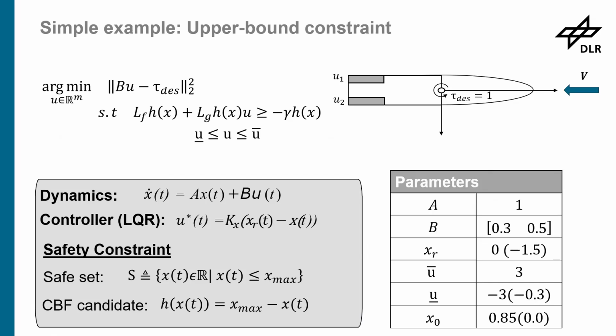The task is therefore that we are searching for something that is in line with this. So we try to find a solution to tau des, or tau desired, equals 1, while the system stays in certain limits, and the certain limits is, let's say, an angle of attack constraint or an attitude constraint on this axis, in just one direction, which gives us this CBF candidate.